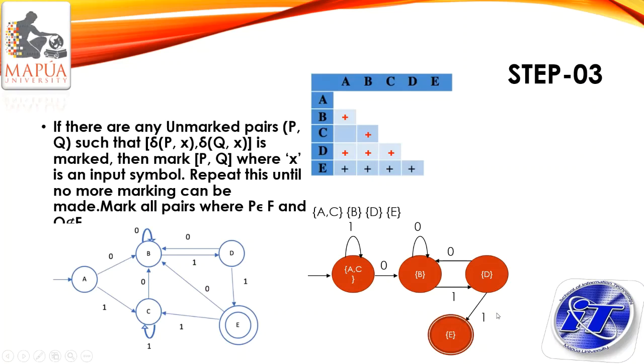Okay. And in E, if it encounters 1, it will go to AC. And if it encounters 0, it will go back to B. Okay. And don't forget, whatever includes the final state will be the final state.